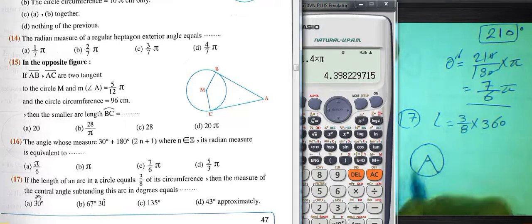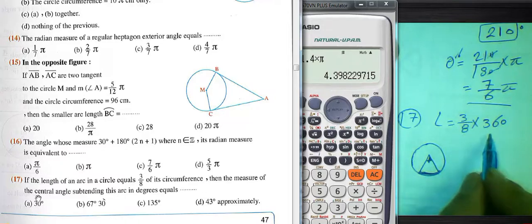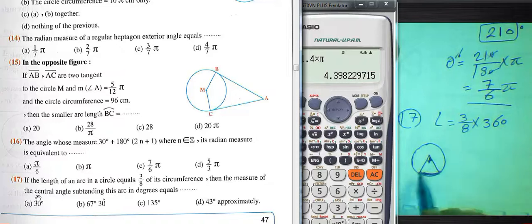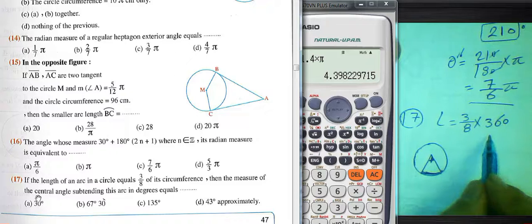If you want to find the measure of the central angle subtended by this arc, it equals the measure of this arc. The measure of this angle will be 3 over 8 multiplied by 360, because the length of this arc is 3 over 8 of the circumference of the circle, 2 pi or 360.